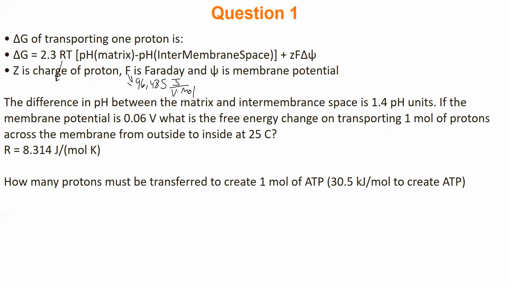If membrane potential is 0.06, what's the free energy for transporting 1 mole of protons across the membrane from outside to inside, so from intermembrane space to matrix, at 25 C or 298 K? And once you do that, tell me how many protons I need to make ATP if we just say you need 30.5 kilojoules per mole.